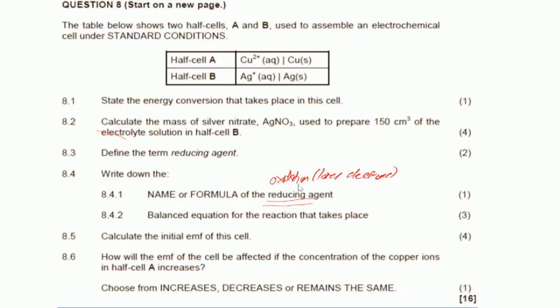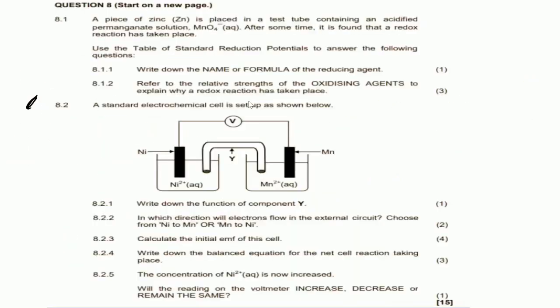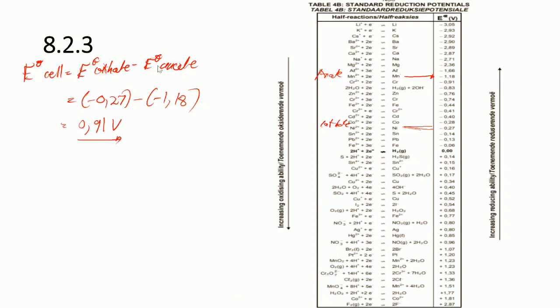So obviously for this one, we have to check between copper and Ag+, which one is really the anode. So obviously we'll need our table for that. Before we answer, let's check where we have the table. We are comparing between Ag and copper. So where do we have copper? The correct copper.